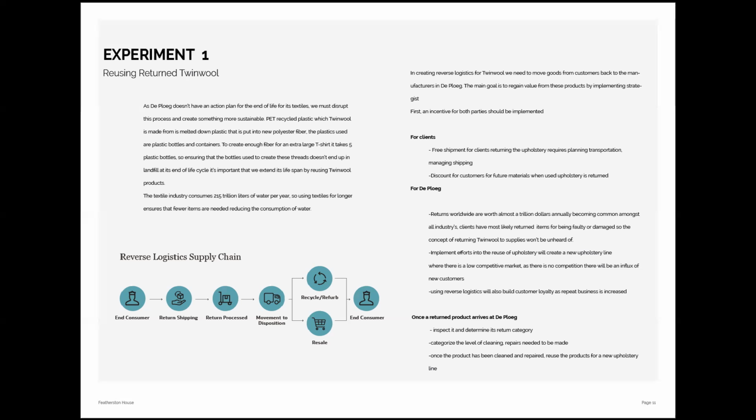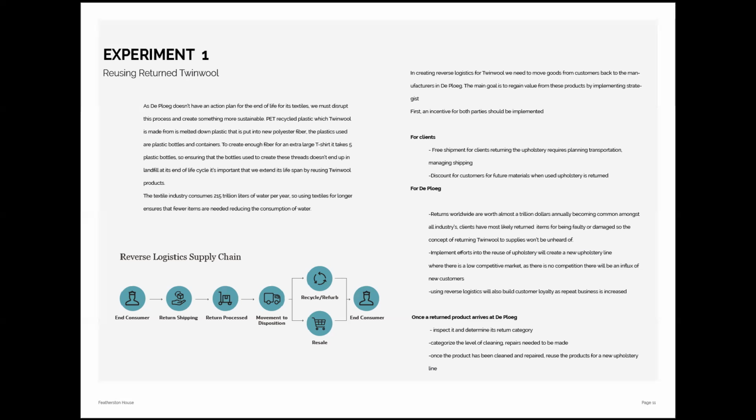So once the product is returned, some of the things they could do is inspect it and determine its return category, categorizing the level of cleaning and repairs that need to be made. Once the product has been cleaned or repaired, they can use it for new upholstery, and for the items that can't be reused, they can find strategies of recycling them best they can.